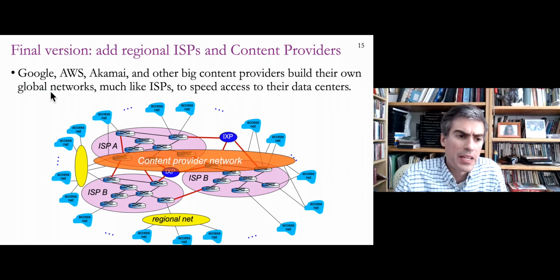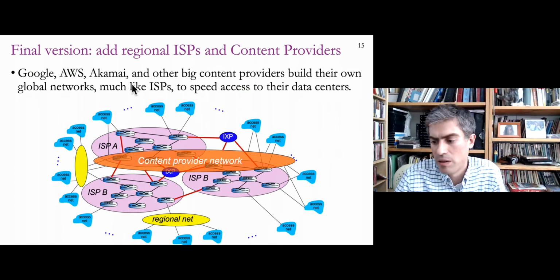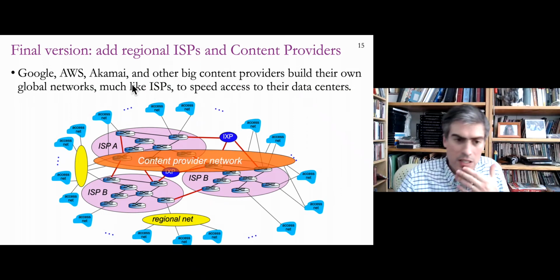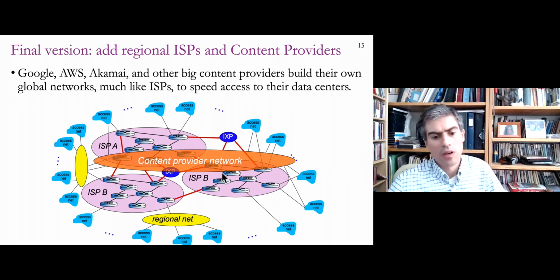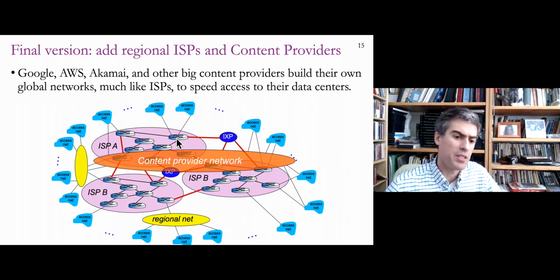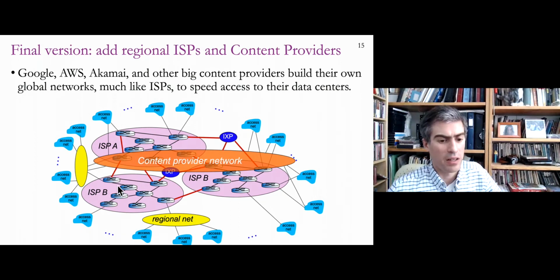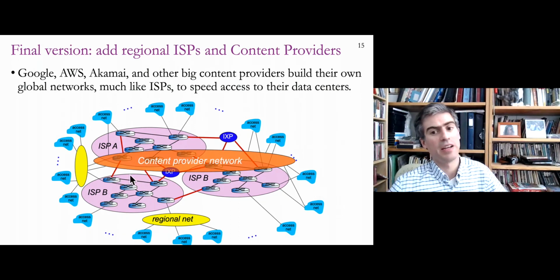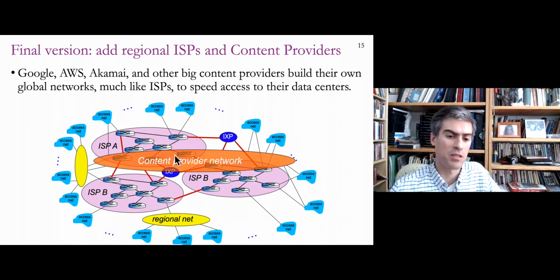The big tech companies like Google, Amazon, and some other companies you may not have heard of, like Akamai, are in the business of selling content delivery network services. These companies, although they're not in the business of selling internet access exactly, like Google, for example, doesn't sell internet access, but it is in the business of providing search and mail and YouTube and all that stuff to customers around the world.